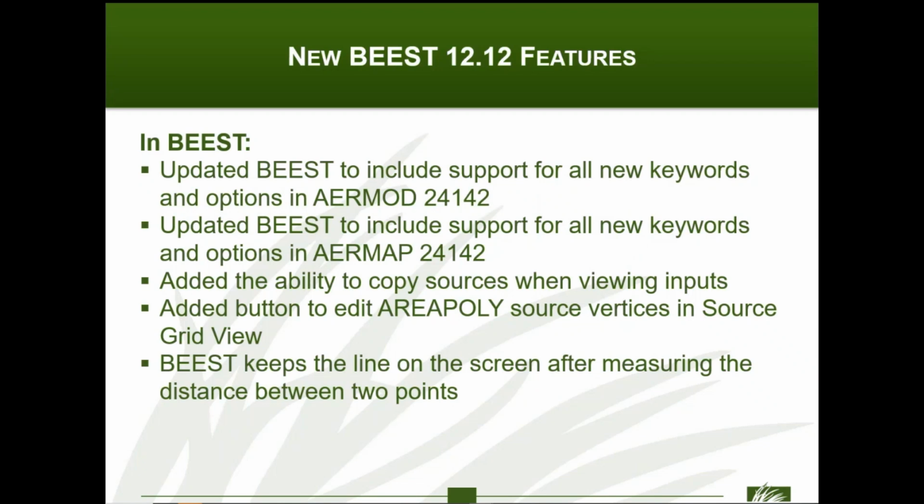We have added the ability to copy sources when viewing inputs graphically. We have added a button to help you edit area poly source vertices in the source grid view. And Beast now keeps a line you draw on screen after you measure the distance between 2 points. And I'll show you an example of that as well.